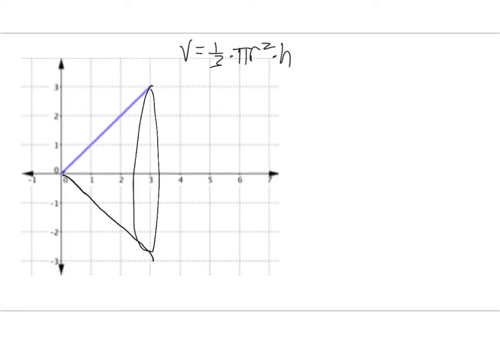So here we've got a line that's y equals x. We're spinning it going from 0 to 3. We're spinning it around the x-axis. So we're going from 0 to 3. And the area formula for each of these things, again, are going to be circles. And my circles are all going to have a radius equal to x, because that's going from the x-axis up to that line.